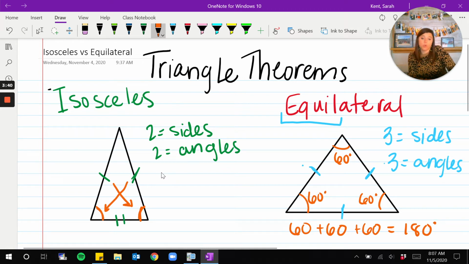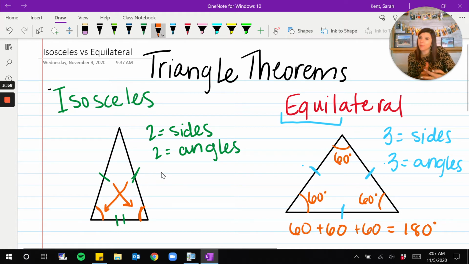This is the only number where you add three of them to equal 180. So in an equilateral triangle, the angles will always be 60 degrees because they have to be equal. And then the sides, those can change, but they'll all be the same number.